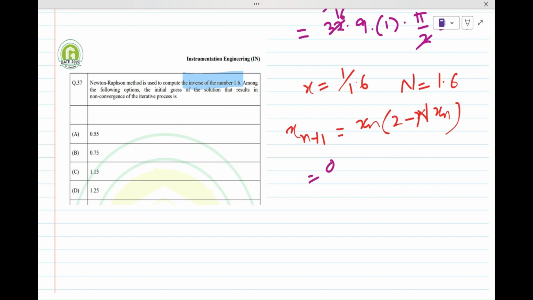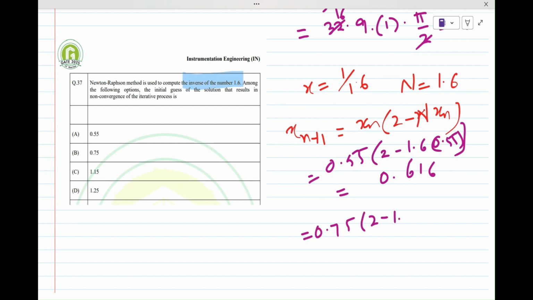So the first one is 0.55, 2 minus n, that is 1.6 into 0.55, right? So it gives you 0.616. The second option is 0.75, 0.75 into 2 minus 1.6 into 0.75, it will give you 0.6.